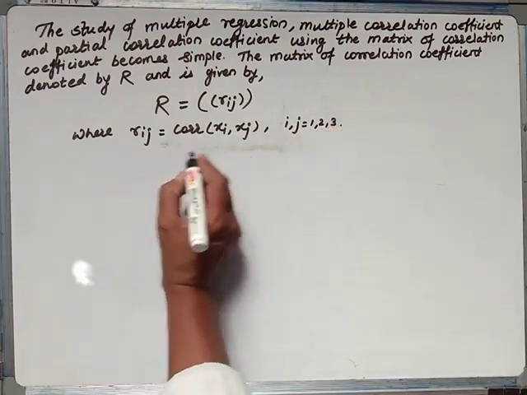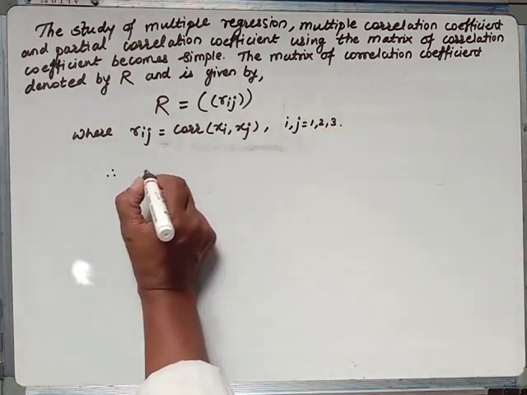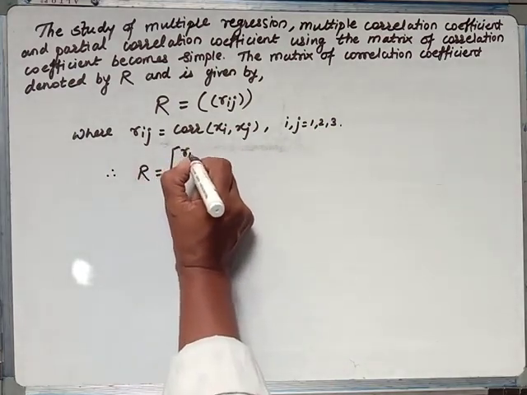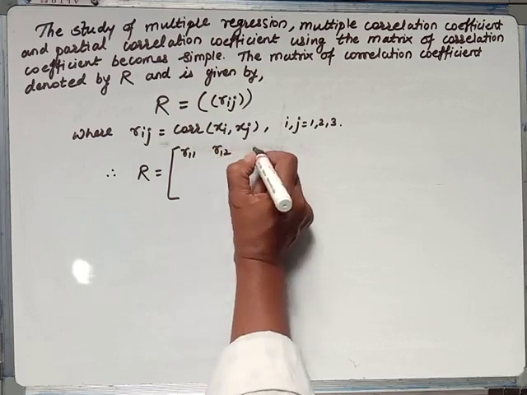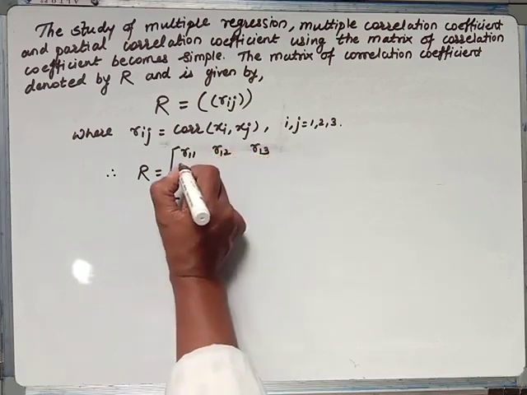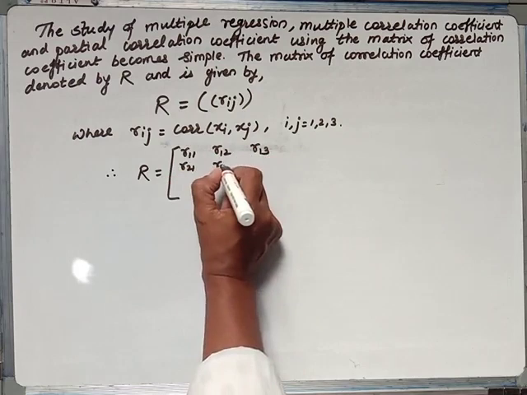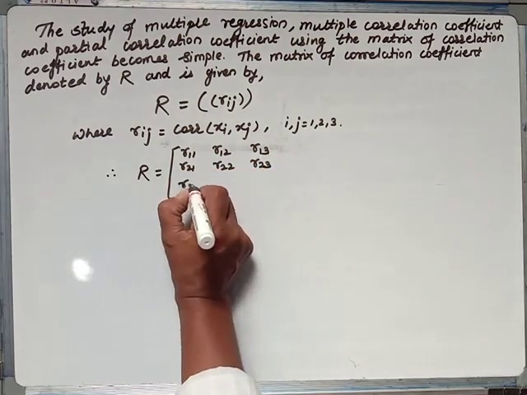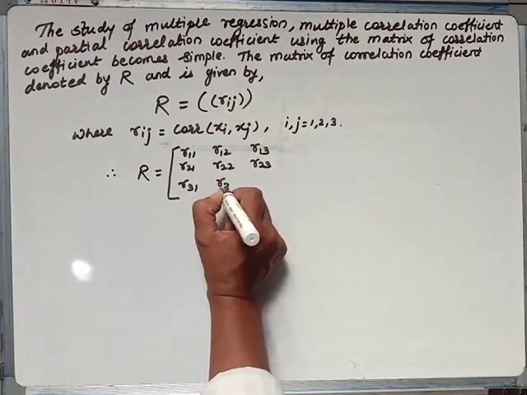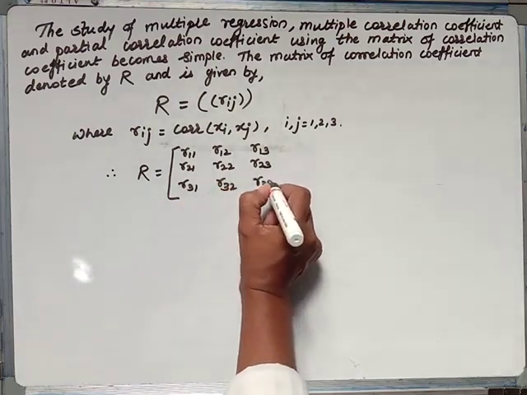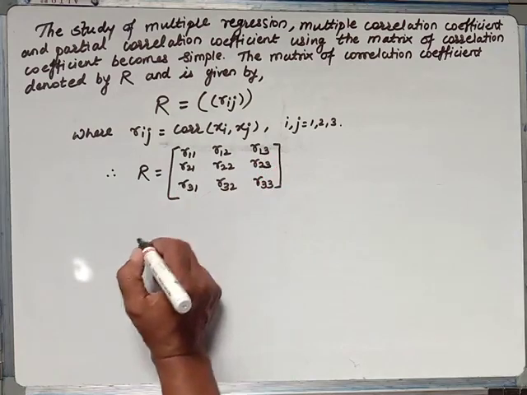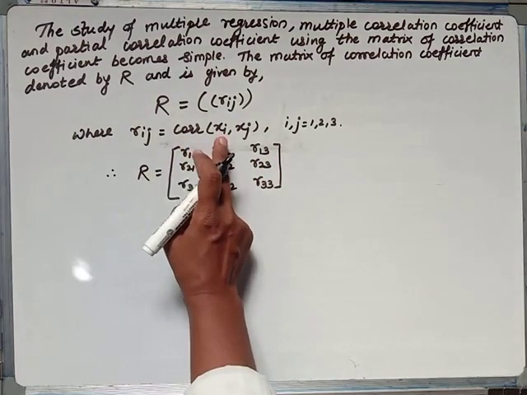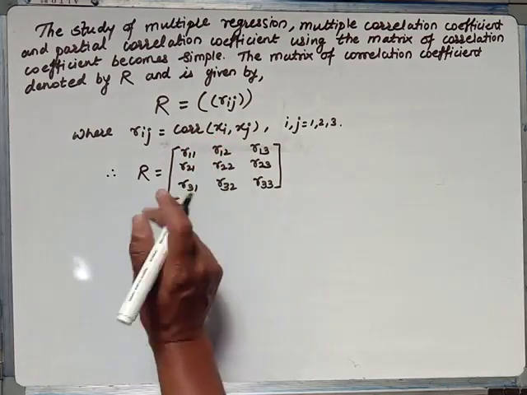Therefore R is the matrix R11, R12, R13, R21, R22, R23, R31, R32, R33. But as we know, correlation between the same variable is 1.